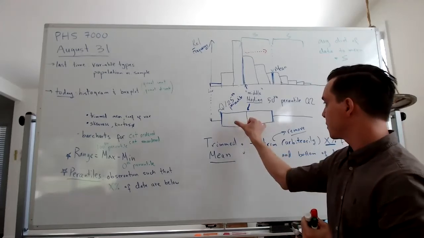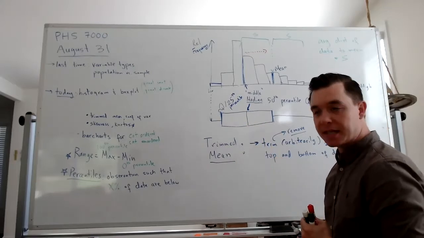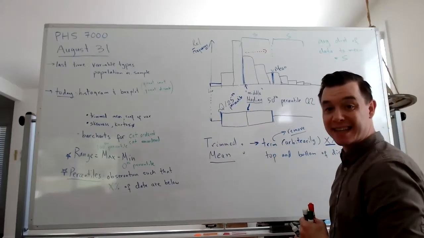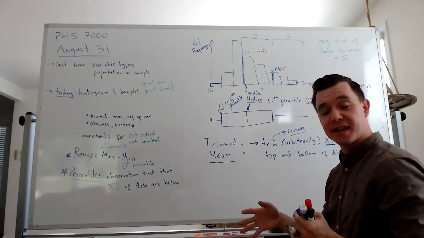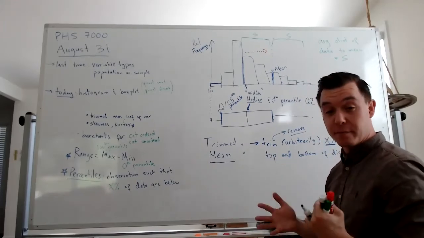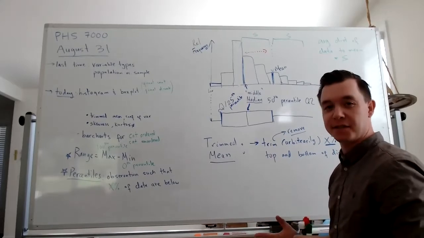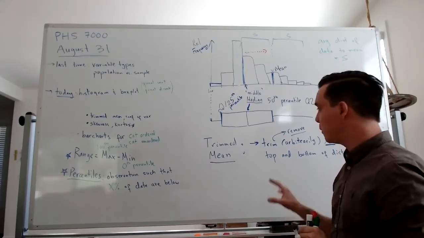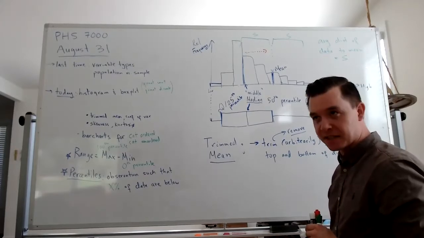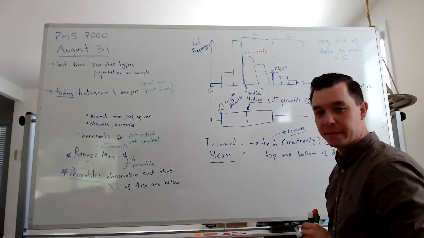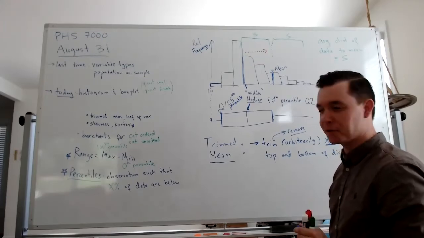So the interquartile range is the middle 50%. If I wanted to remove, say, the top 5% and the bottom 5%, I would be left with the middle 90% of a distribution. If I wanted to trim the top 10% and the bottom 10%, I would be left with the middle 80% of the distribution.